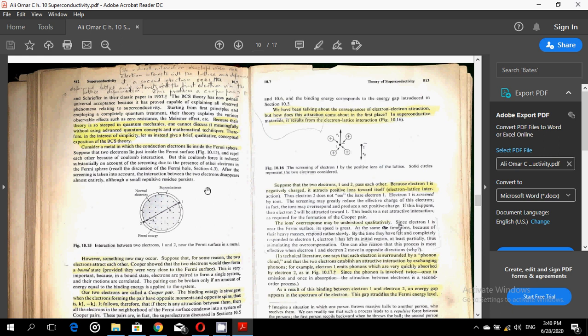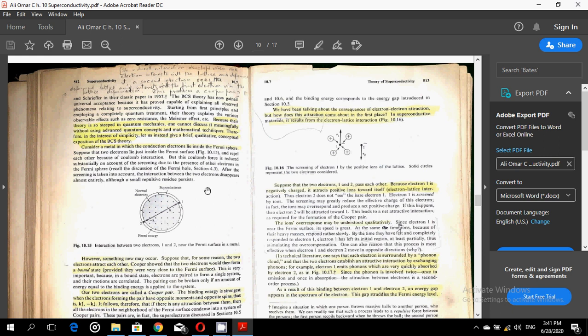So in figure 10.16 we present the detail of the configuration of these two electrons 1 and 2 making the Cooper pair. So here you have to focus very carefully on what is being stated, what is being shown.